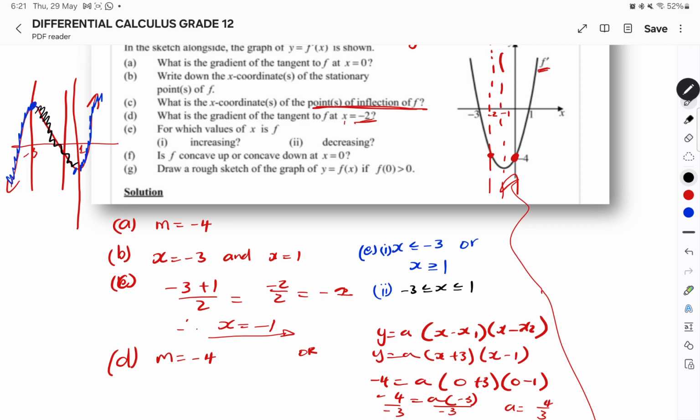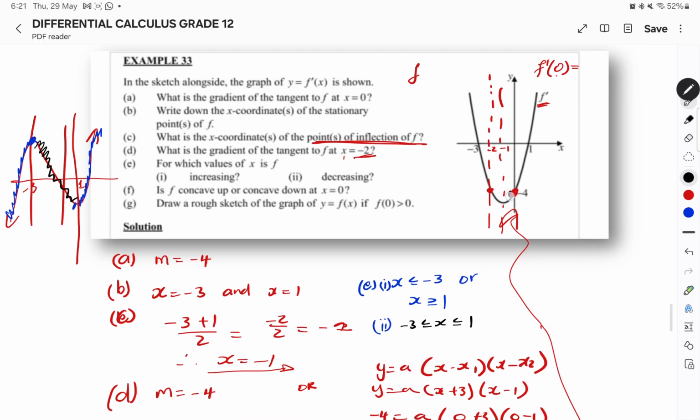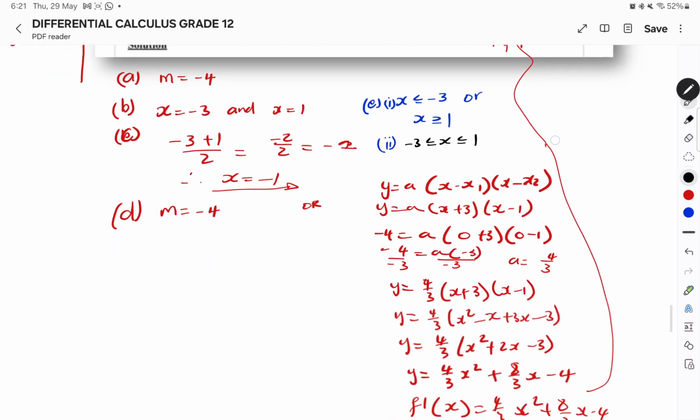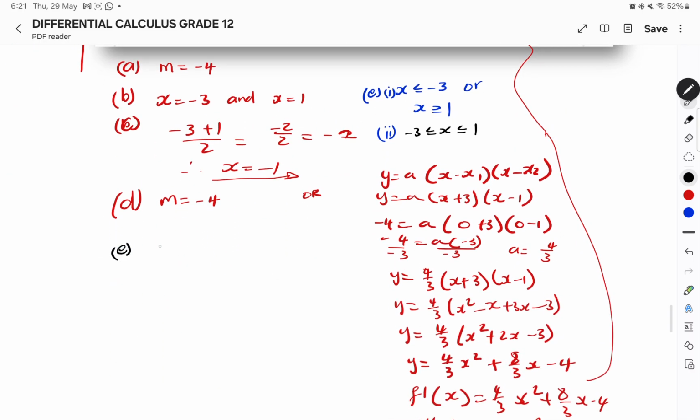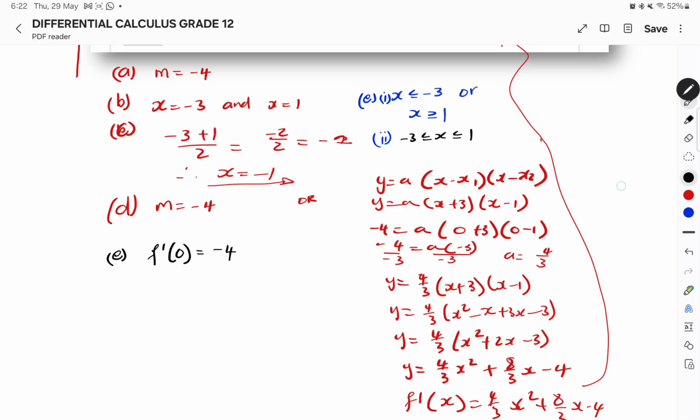And then is f concave up or down at x equals 0? At x equals 0, which is my point of inflection, how is the gradient there? First derivative at 0 is equal to how much? -4.